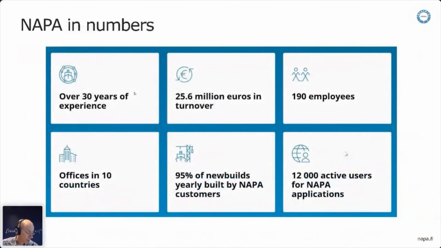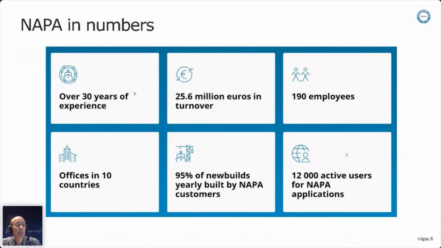Now, a little bit about NAPA in numbers. We are a 30 year old company, and our experience, however, goes much longer than that. As said, our headquarters are in Helsinki, Finland, but we have offices in 10 countries. Our turnover last year was almost 26 million euros.